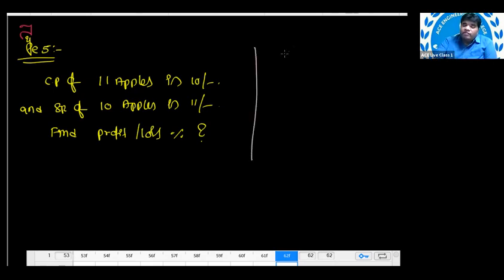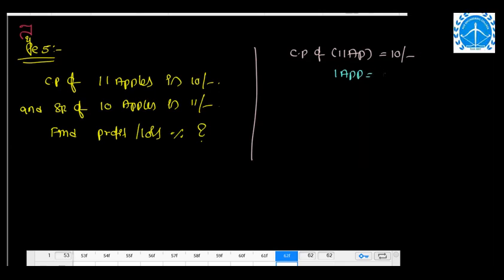From the information, the cost price of 11 apples is 10 rupees, so the cost price of one apple is 10 by 11.